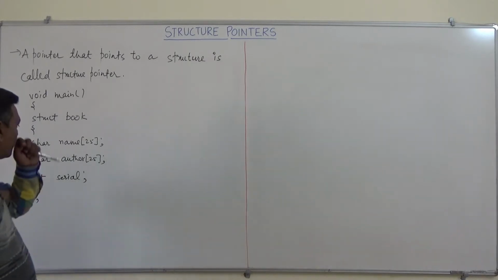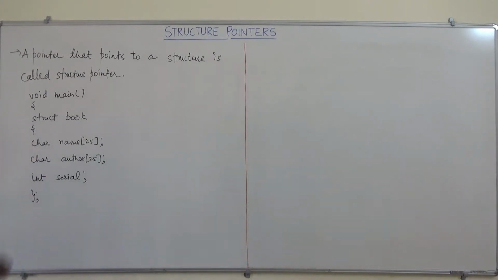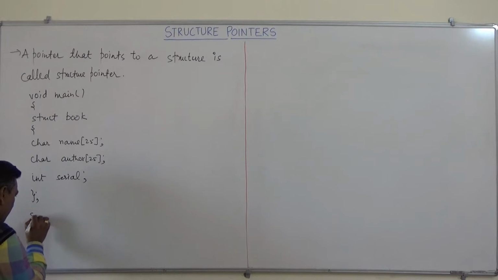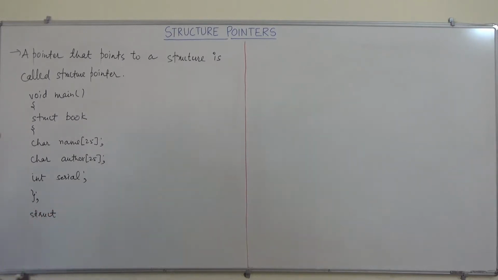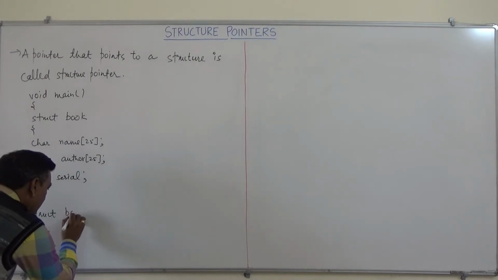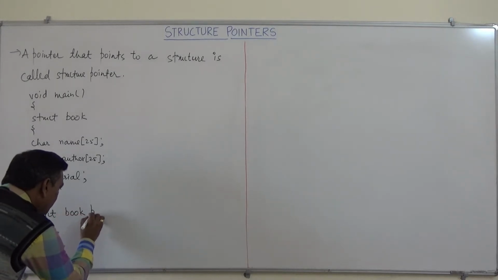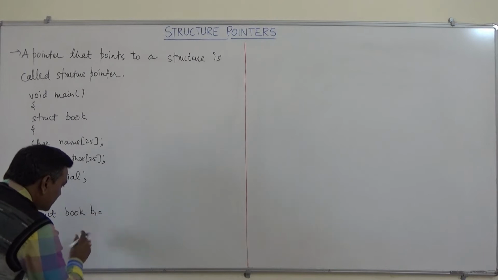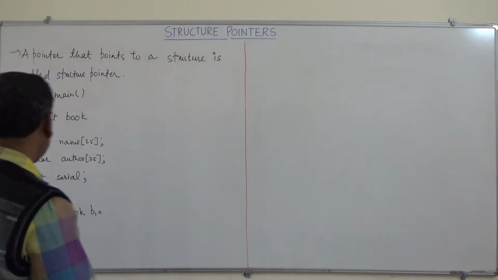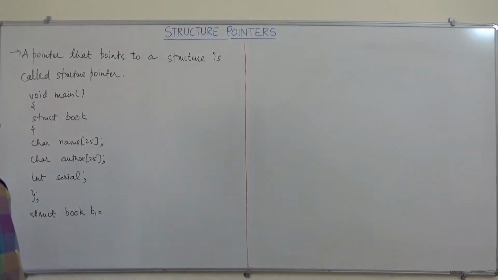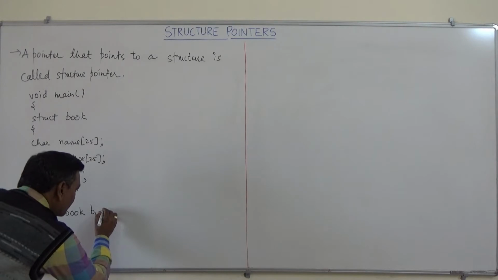Now we will declare a structure variable. So we can use struct book b1. This is the structure variable, and here we are giving some values to name, author, and serial.